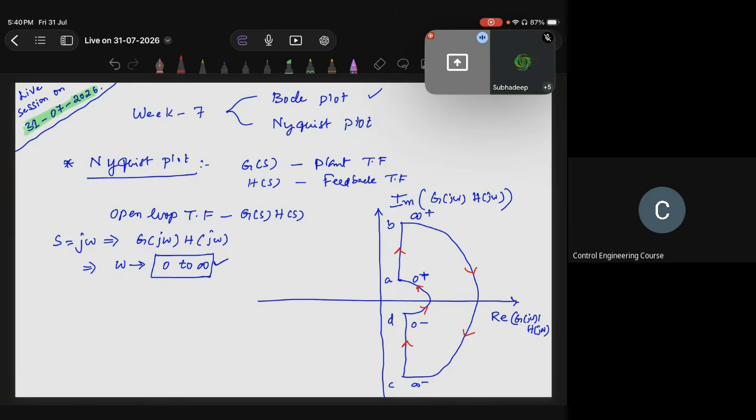Is this clear? Any doubts? We wanted to plot from 0 to infinity, but here on the plot we go from minus infinity to plus infinity. Basically, we start at 0 plus, come back to 0 minus, covering everything.